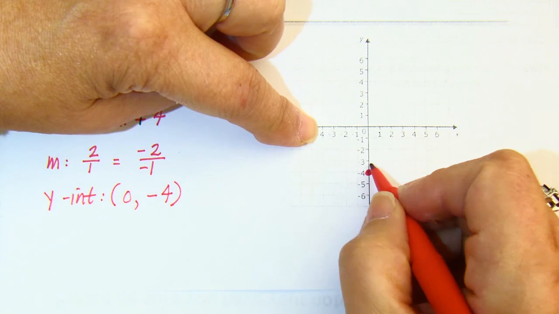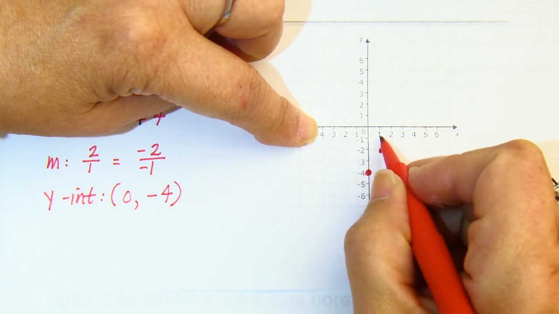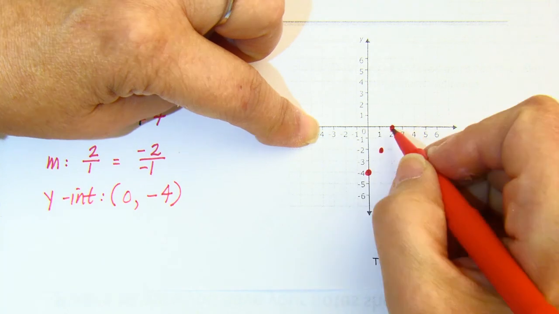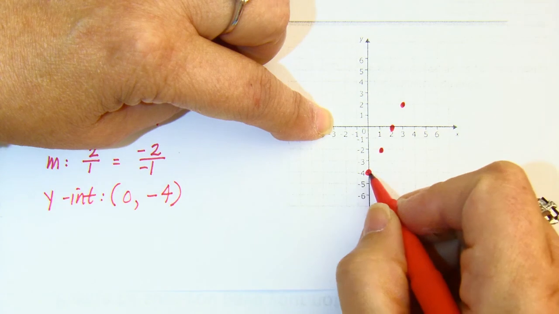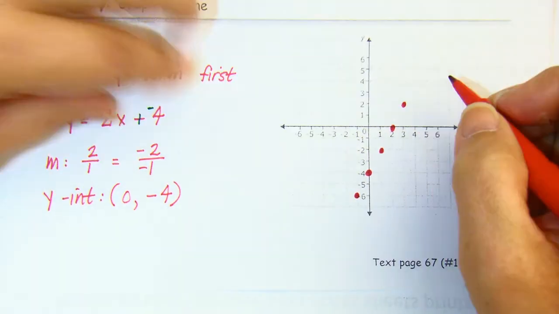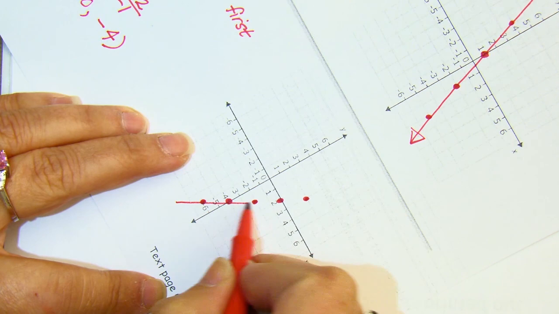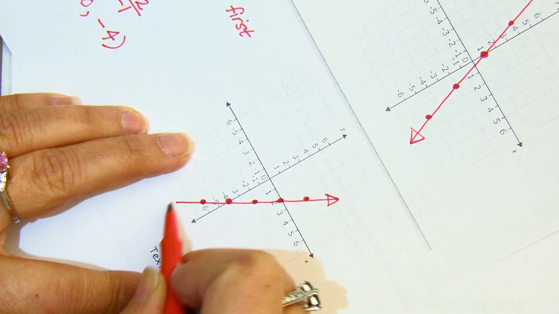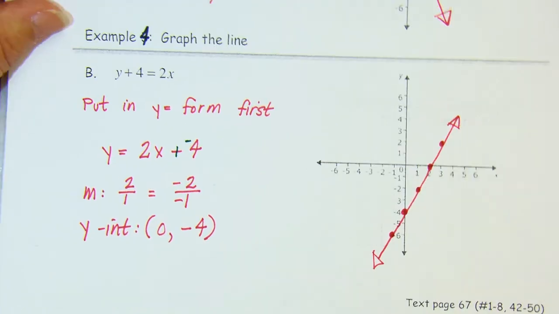So up 2 to the right 1, up 2 to the right 1, up 2 to the right 1, or I can go down 2 to the left 1, and that should be enough points. I'm going to connect with a straight line. Again, you can use a straight edge if you prefer, and that's pretty much it.